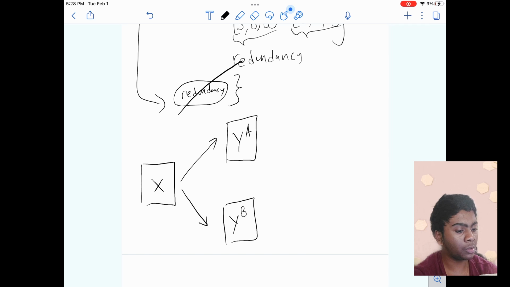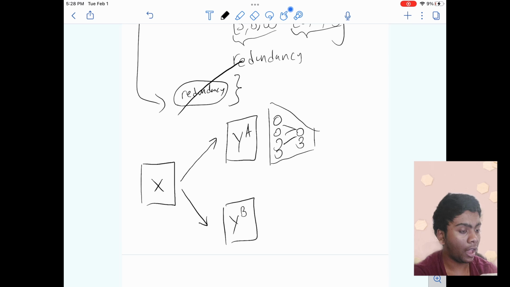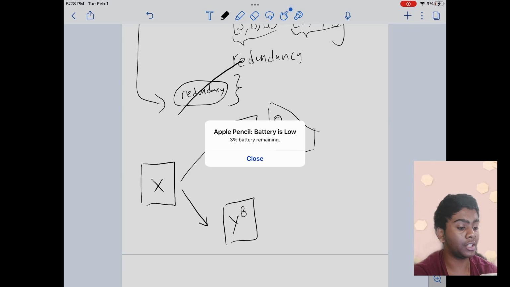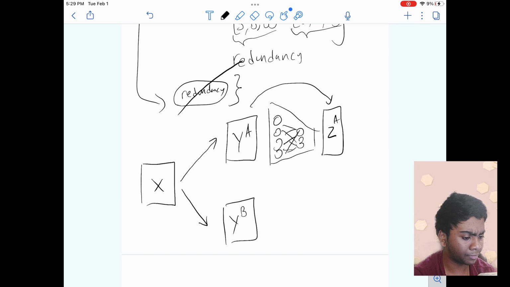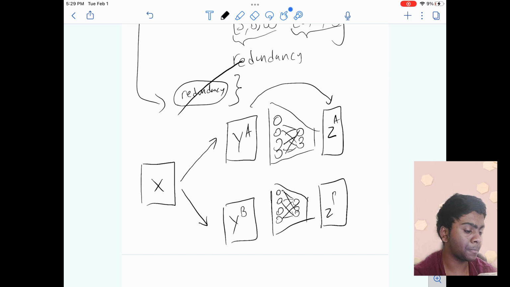And then we have the same model architecture. We have this model architecture which takes in these images and generates embeddings, which we're going to label as ZA for YA, and ZB for YB, right?